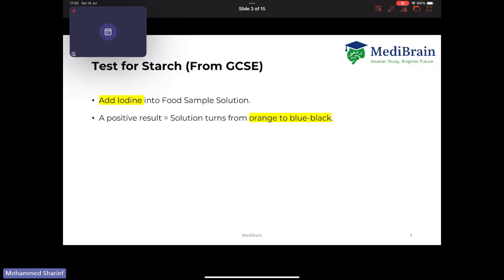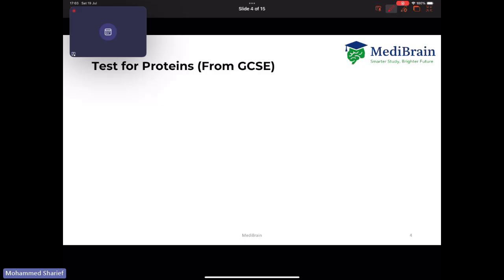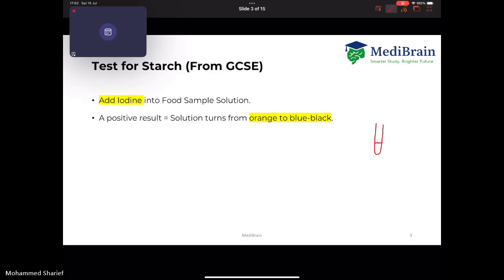Normally this is done by getting the food sample. You will normally have a test tube such as this. You would dissolve your food sample, and then you would add in your iodine into this food sample, and then you would observe the color change.